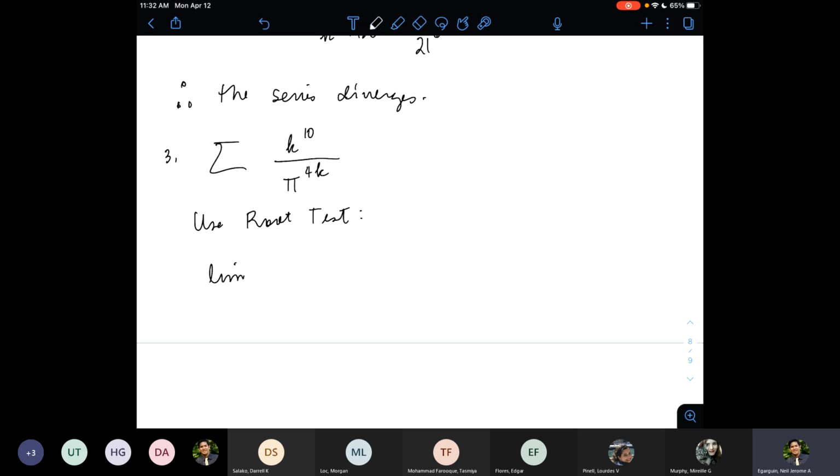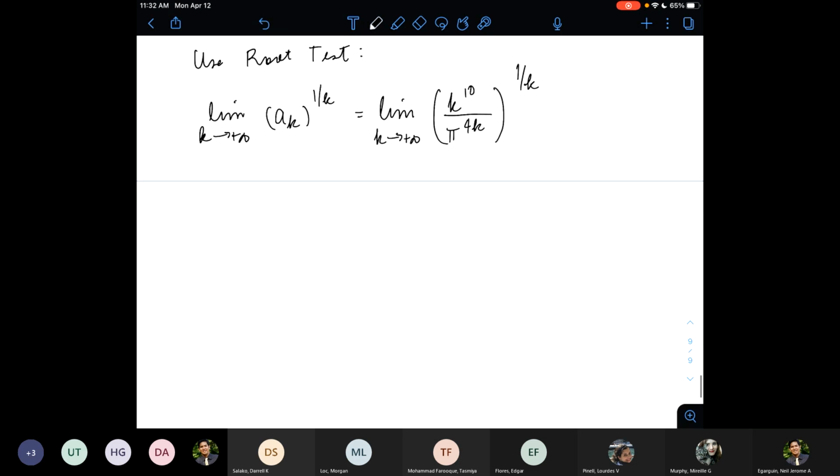For the root test, we'll just be taking the limit of a sub k raised to 1 over k as k approaches infinity, where a sub k is the given term in the series. Then I'll play with the laws of exponents here. This power will go on both the numerator and the denominator. Since both are powers themselves, we multiply the exponents.